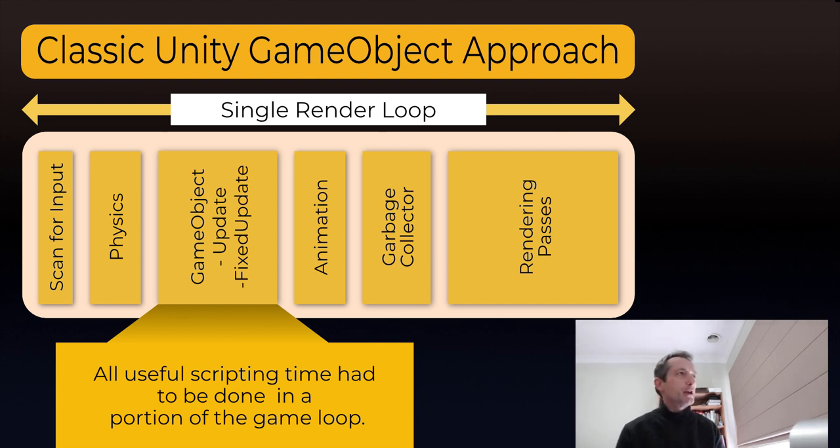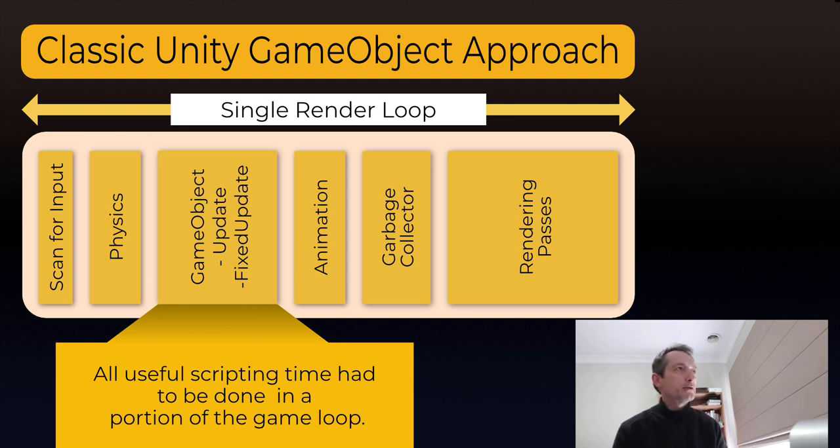So we can see here that you've got the main thread, as Unity now tend to call it. It's classically been known as the game loop. We're scanning for input, dealing with physics, the game object update method or fixed update or on collision entry, on collision exit, all that stuff gets called there.